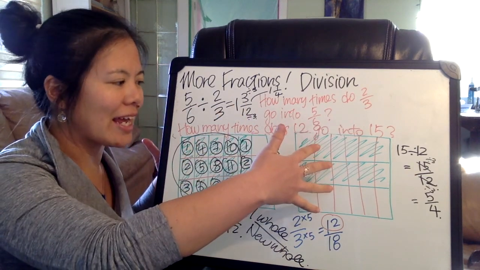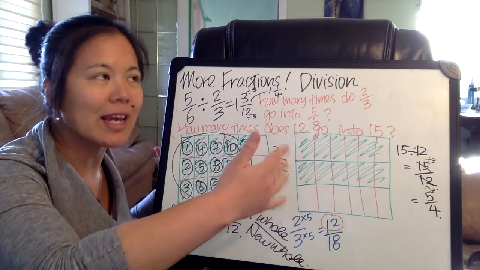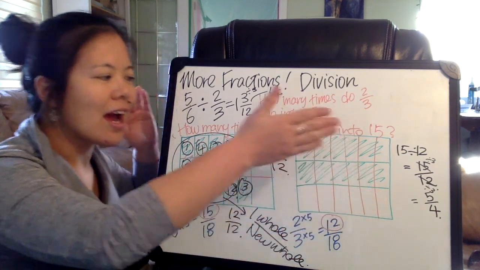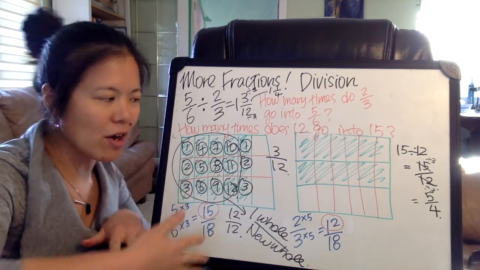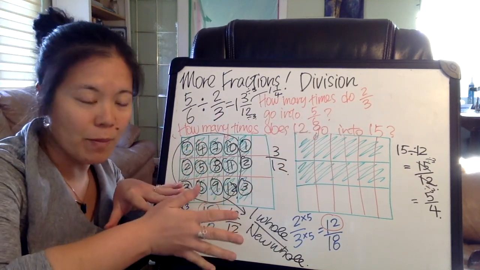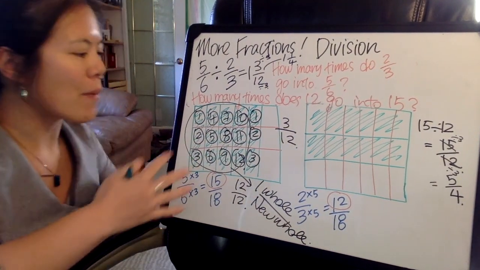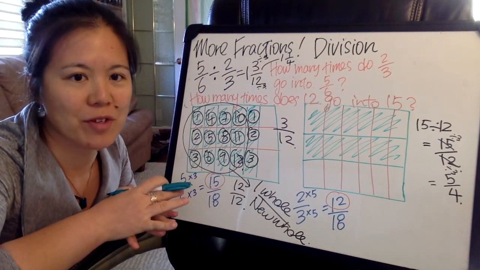We divided the second fraction into 3 equal parts from side to side, and in order to find the common denominator, we superimposed the two area models on top of each other.